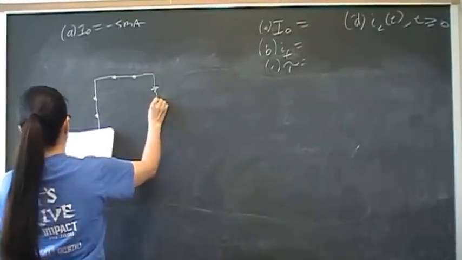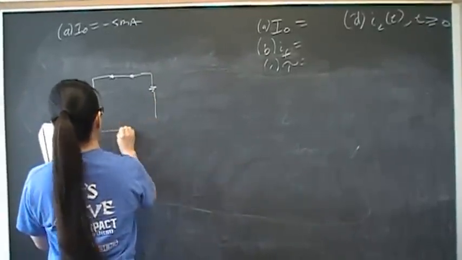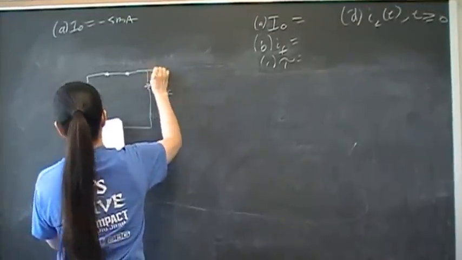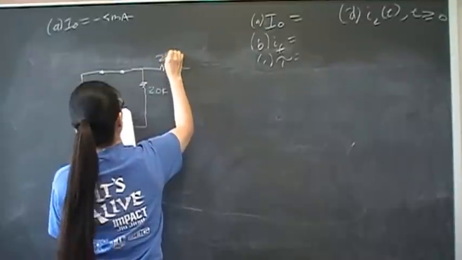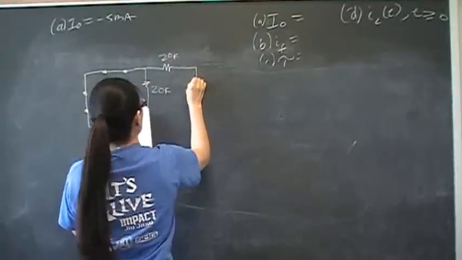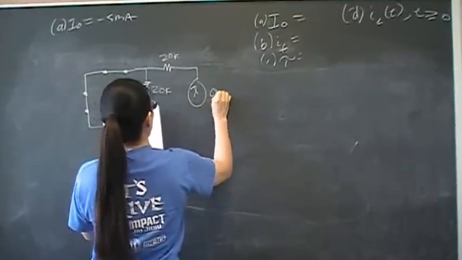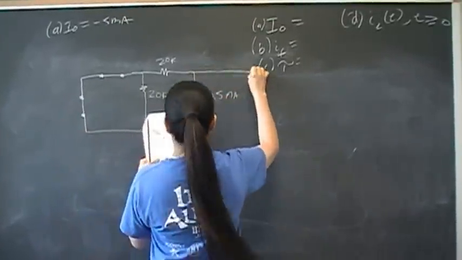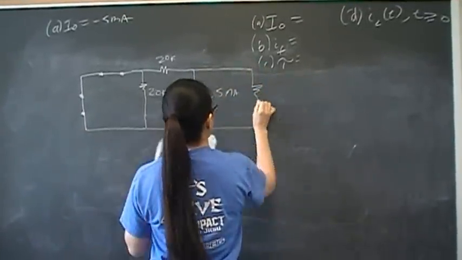It's going to receive a final charge of some kind from that independent current source. So that closes, and so this is 20K. This here is 20K, and then we have our 0.5 milliamp independent current source here, and then we have the 40K here.